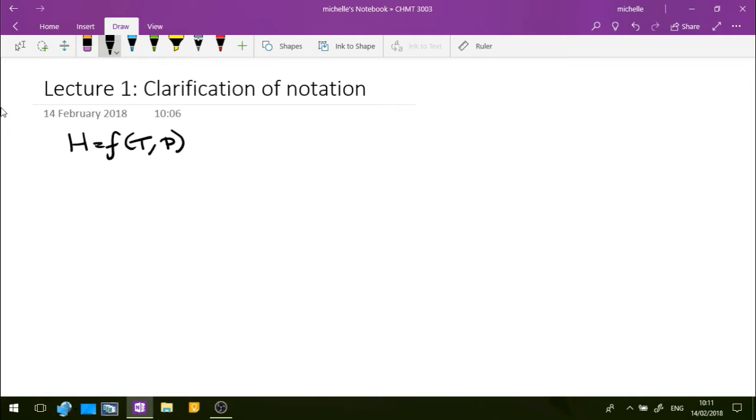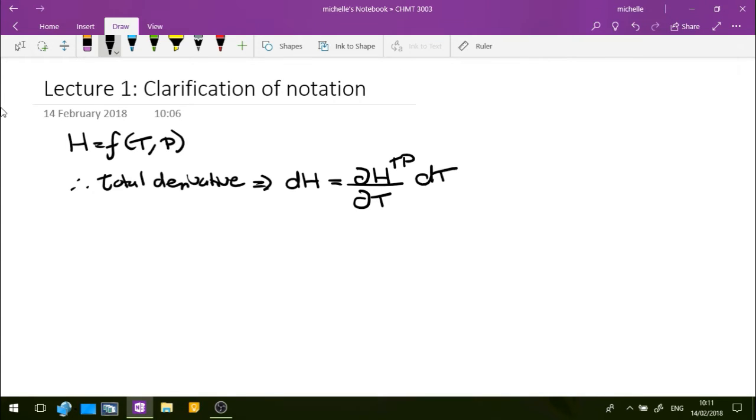Therefore the total derivative is implied by dh equals partial dh by dT, where h is a function of T and P, dT, plus partial dh by dP, where h is a function of T and P, dP.